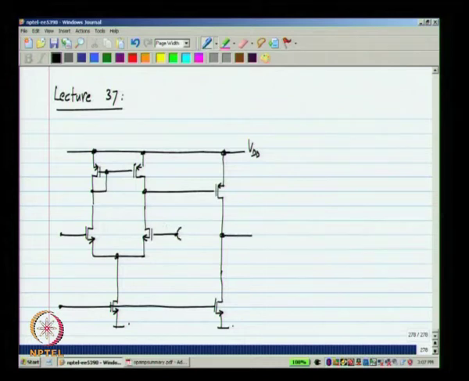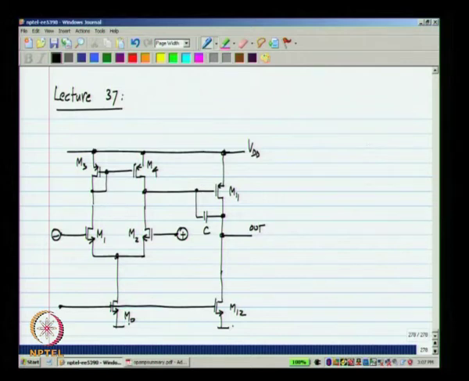This is the two stage op amp, plus input, minus input and the output, and this is the integrating capacitor C. Now, we have to assume that there is some load here, and the load will be connected between the output and ground if it is a capacitive load.